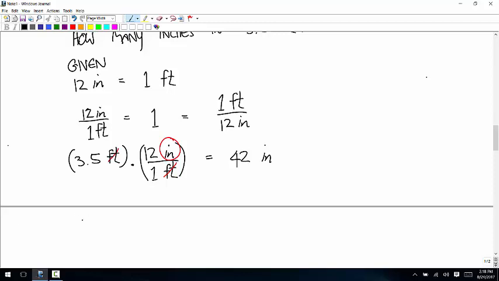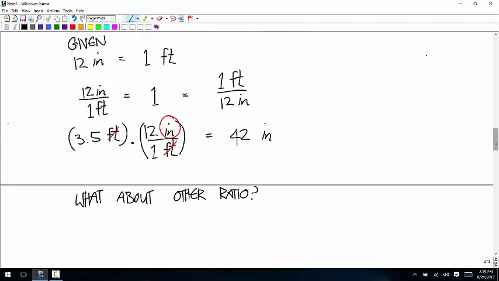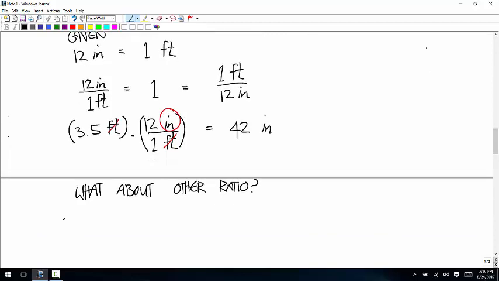So what about the other ratio? We'll start with our given quantity. That's the thing that we don't want to change, we just want to re-express. And we'll multiply it by 1 foot divided by 12 inches.